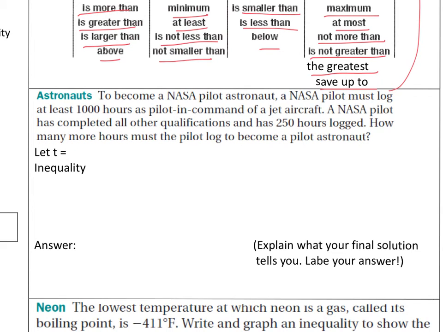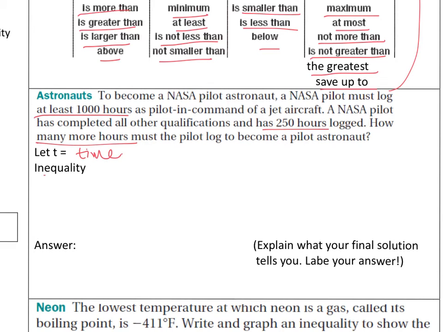Let's take a look at an example. Astronauts. To become a NASA pilot astronaut, a NASA pilot must log at least 1,000 hours as a pilot in command of a jet aircraft. A NASA pilot has completed all other qualifications and has 250 hours logged. How many more hours must the pilot log to become a pilot astronaut? So let t equal the time.